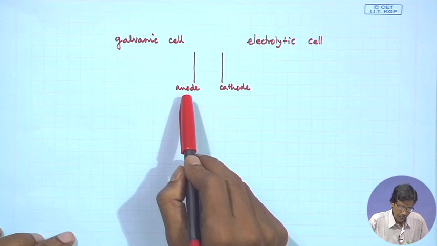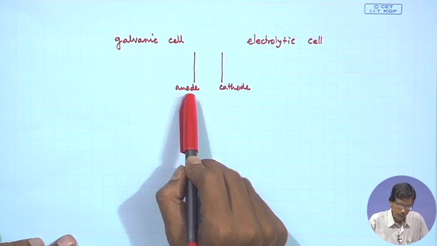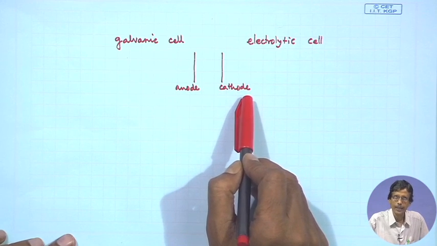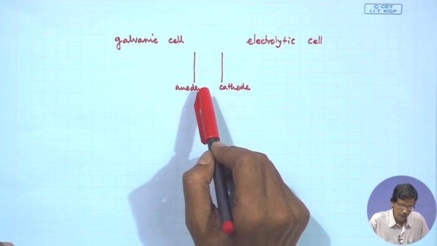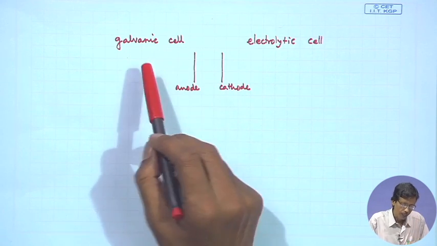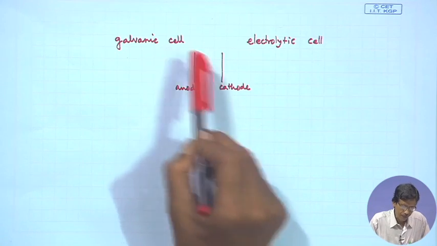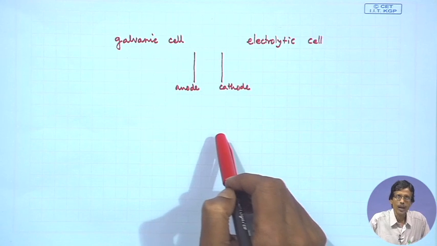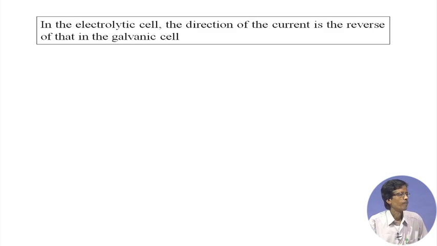In one particular case, the anode is for the oxidation and the cathode is for the reduction. But if we do it in a different way, that means if we draw the electricity from the galvanic cell, the anode will supply the electron and the cathode will accept that electron.